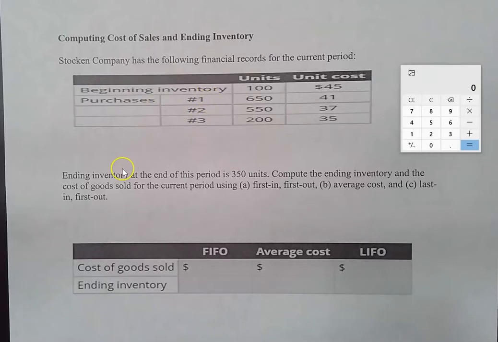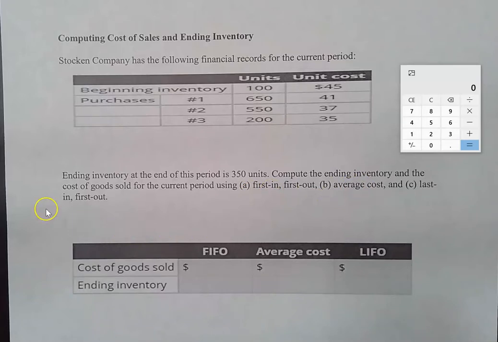And then we have some similar information. Ending inventory at the end of the period is 350 units. And they want us to compute ending inventory and the cost of goods sold.